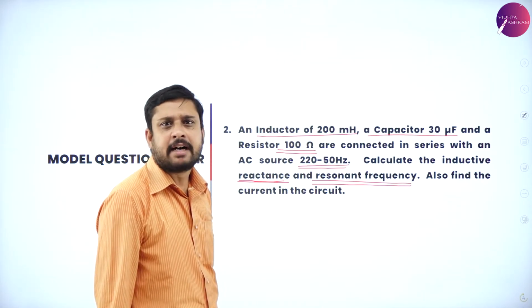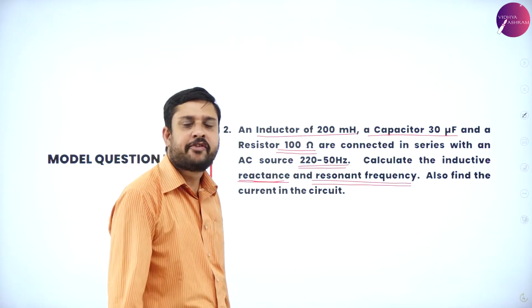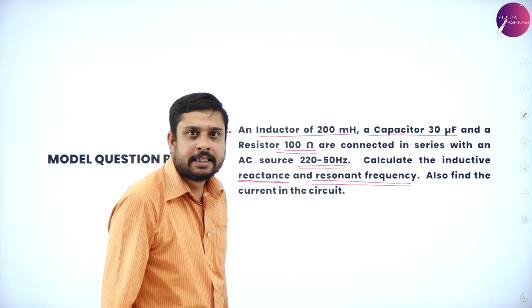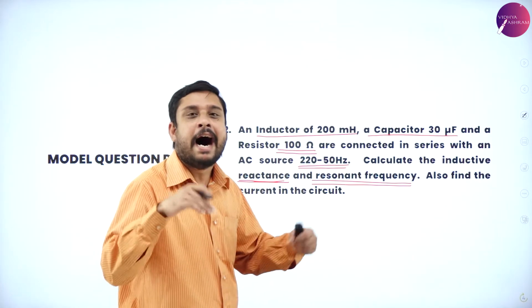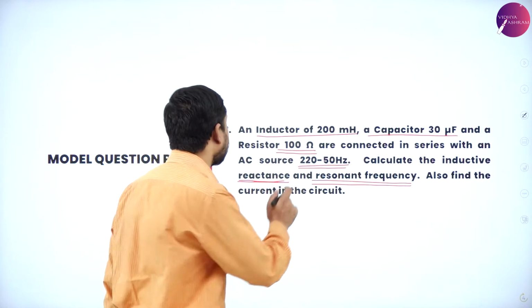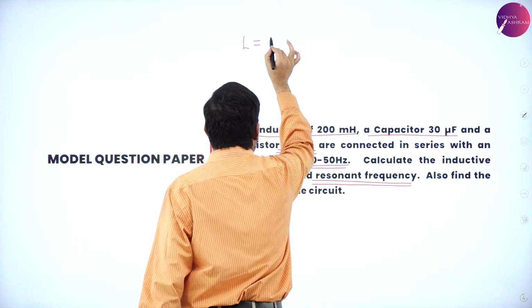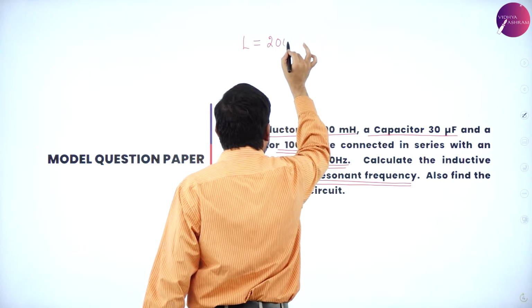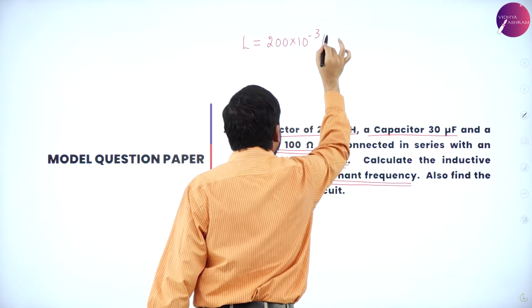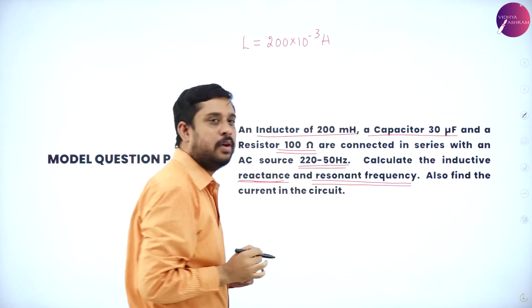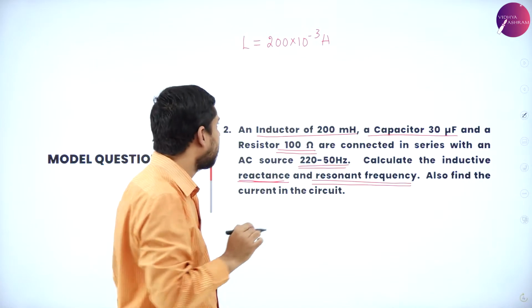So before I start, as usual, I will collect the data and analyze the question. Inductor 200 millihenry, milli is 10 power minus 3 Henry.